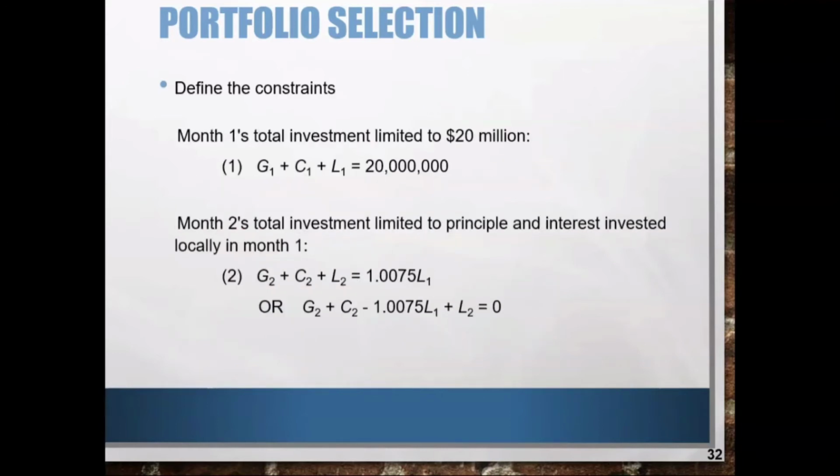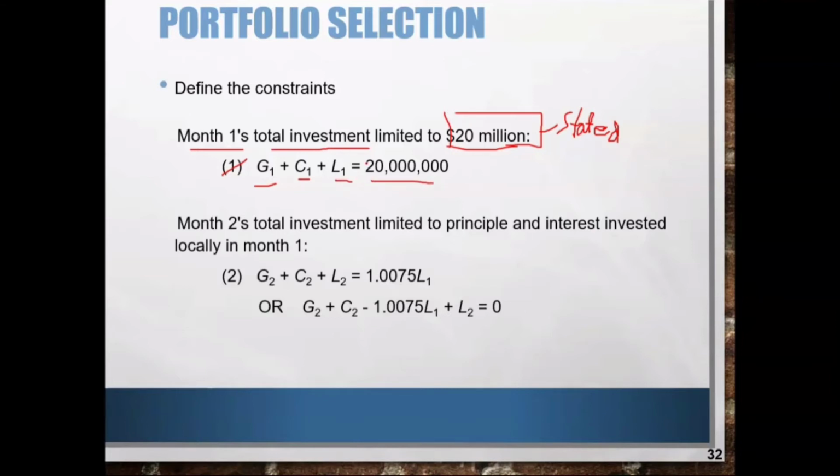We also need to define the constraints. Here we have month 1's total investment limited to 20 million. Why 20 million? Because it is stated in the problem. So the first constraint is G1 plus C1 plus L1 equals 20 million.